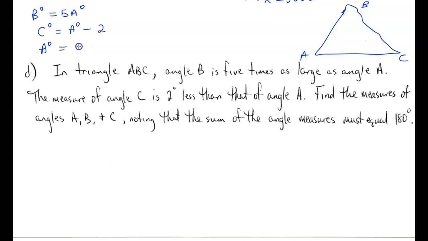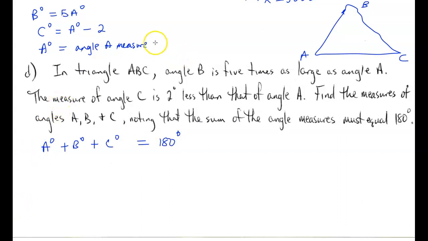Okay, so this is just basically angle A measure. And to make this simple, we'll just keep it like that. So we know that when we add up all three of these angles, angle A, angle B, angle C, have to end up equaling 180 degrees.